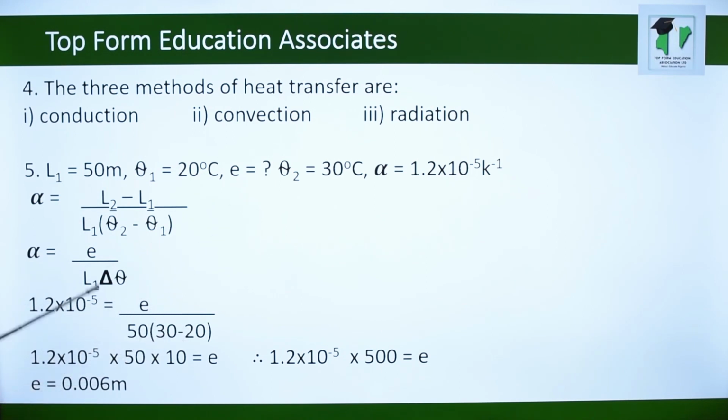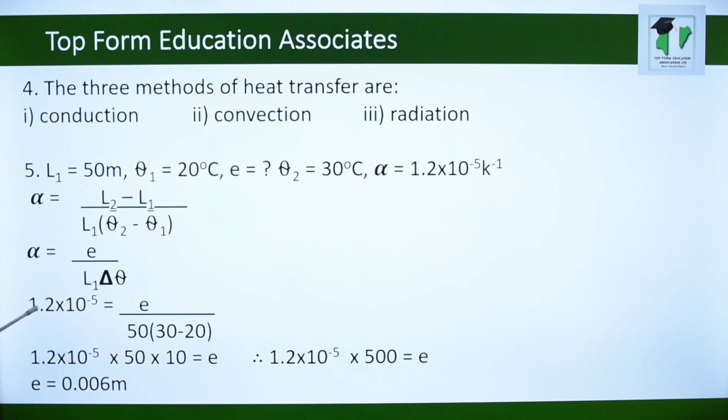Now, we don't know the expansion because we don't have L2. I have to find expansion here. So E now represents L2 minus L1, the change in length, meaning expansion.